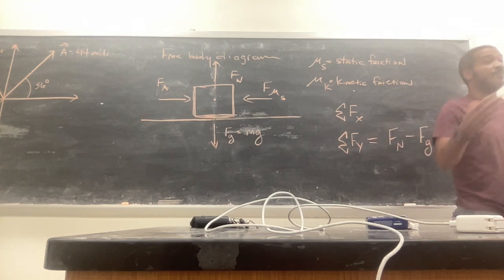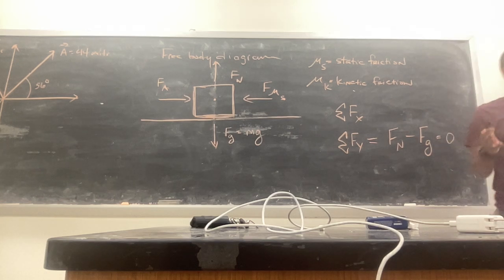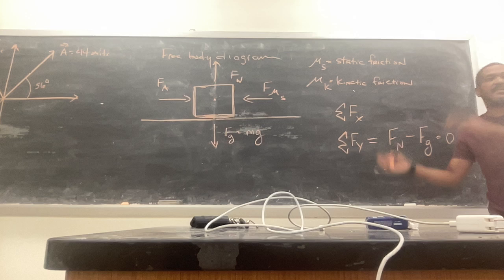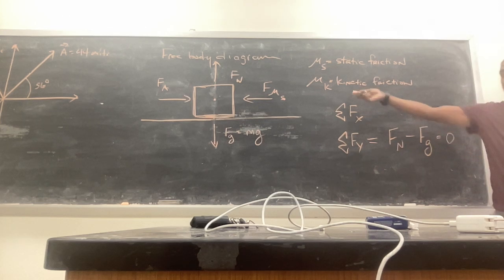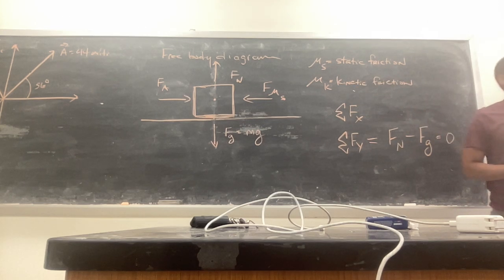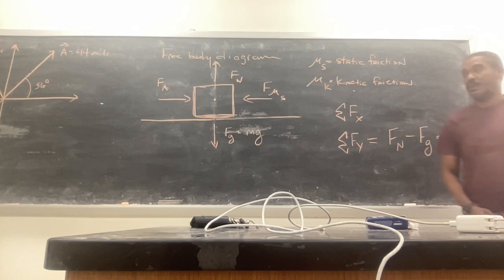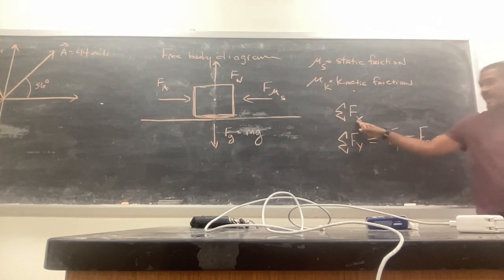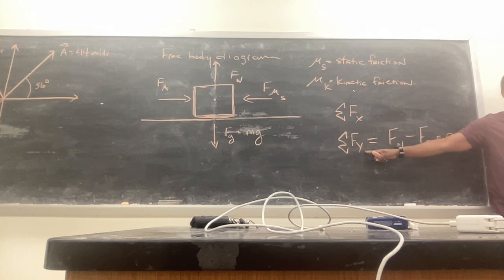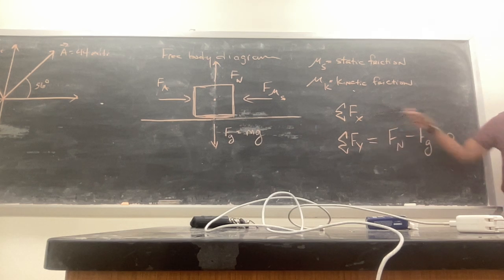Then we talked about vectors, so we said now we're talking about x and y at the same time. We could do that with force, because force is a vector. Now we have broken it up into x and y, and that's what we're going to deal with right here.